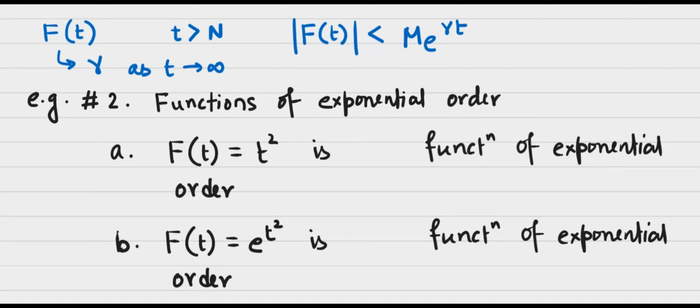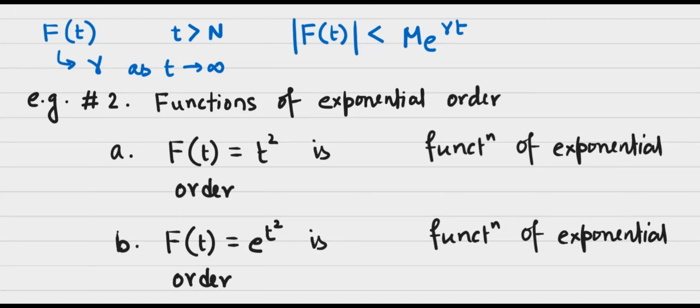So once again, there exists a number capital N, and t has to be bigger than this N. So N is sort of the lowest limit beyond which the exhibition of this property is not necessary.